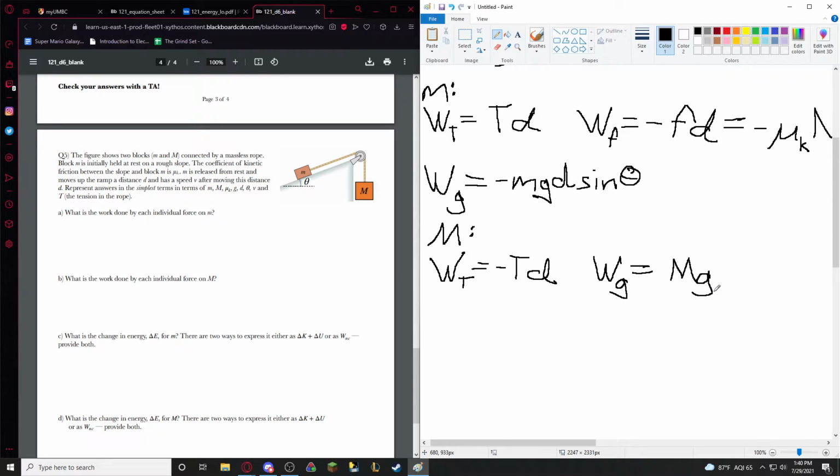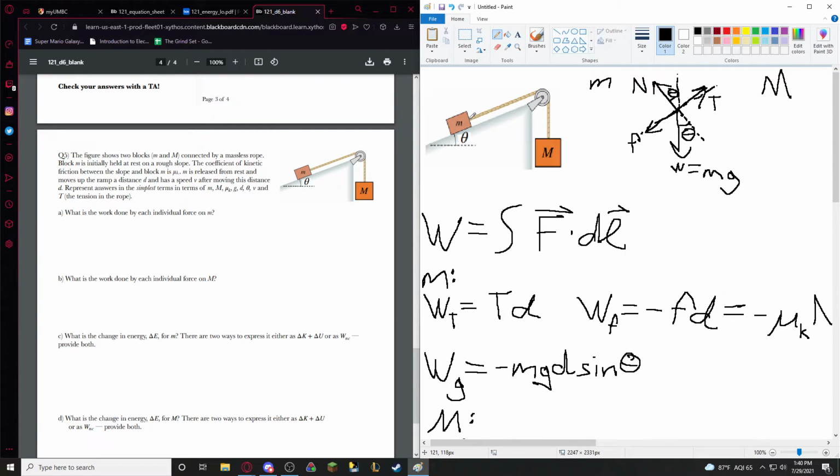How do we get the distance the block moves? If this block slides up the ramp a distance d, wouldn't this block just move down a distance d? Because the rope is a constant length, right?